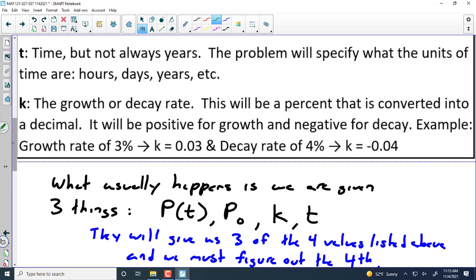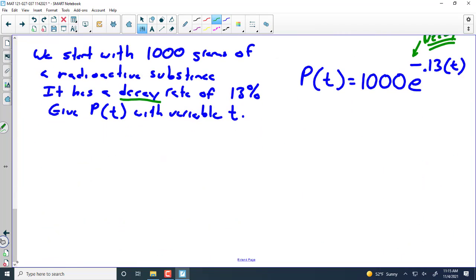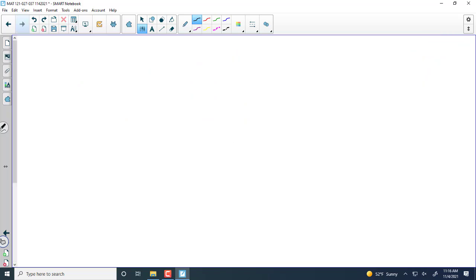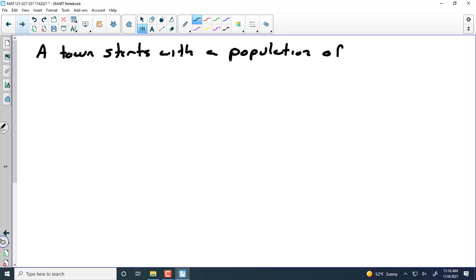All right. So, let's just do a problem like this. A town starts with a population of 2,000. You have a question, gang? You okay? Okay.